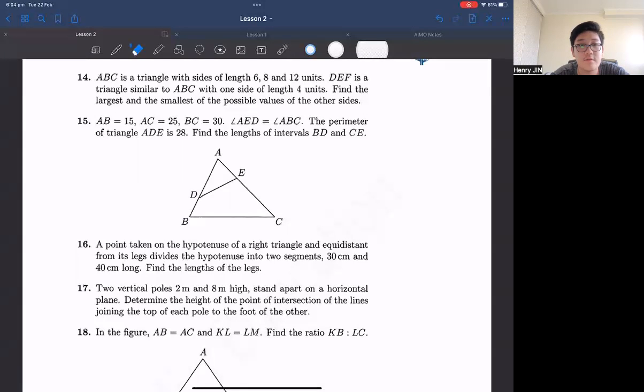Only question 15. Sorry if I didn't say question 15.